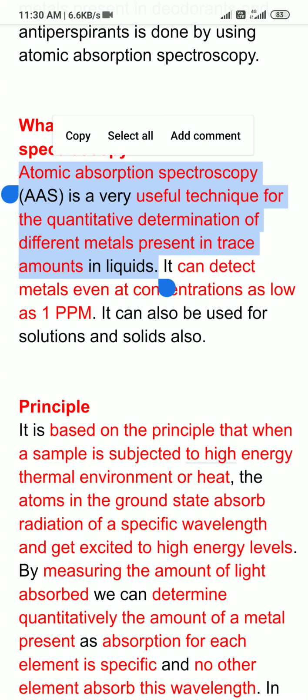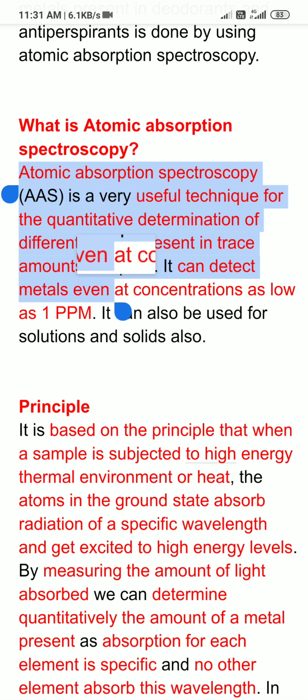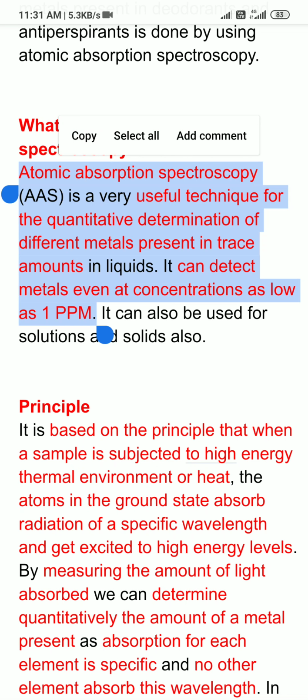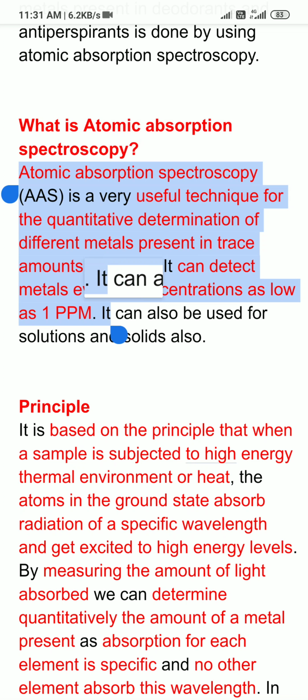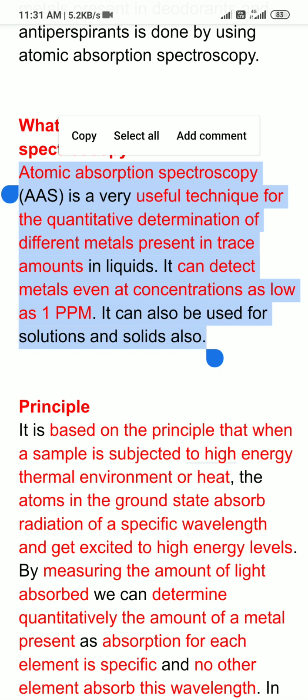Trace means very small quantities, and it can detect metals even at concentrations as low as 1 ppm. ppm here means parts per million. In addition to liquids, it can be used for solutions and solids also.